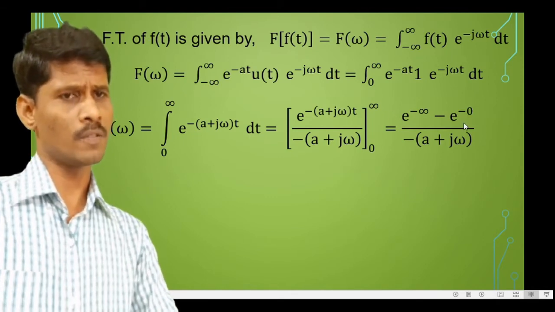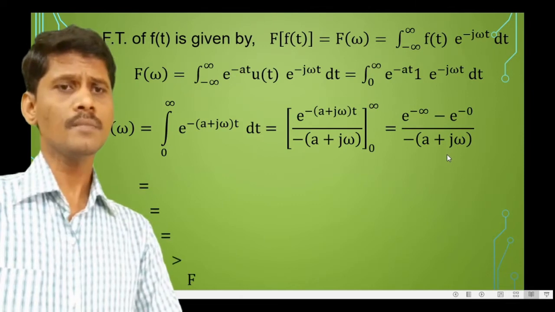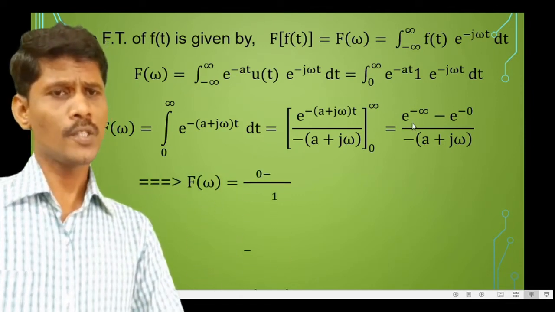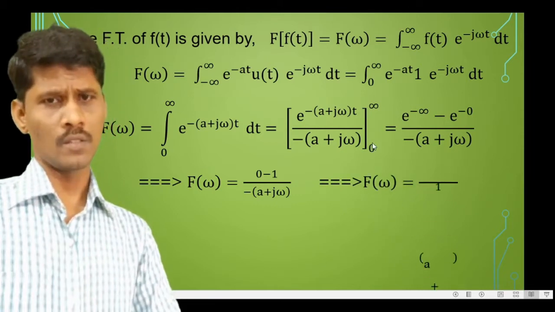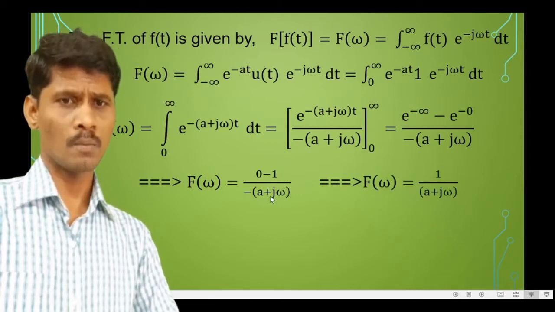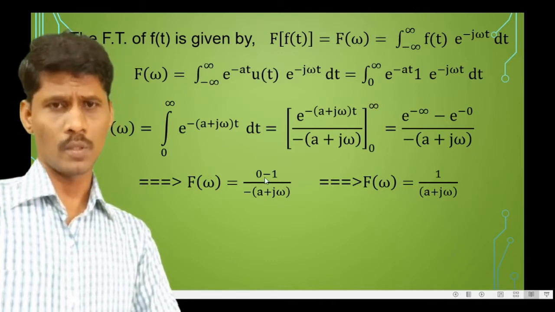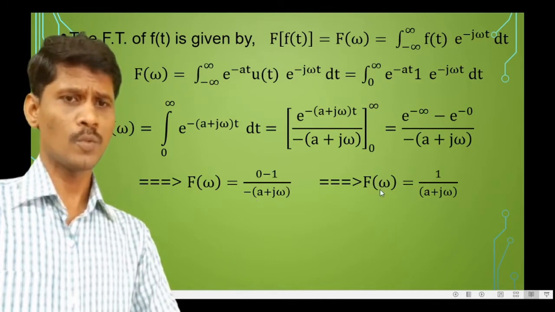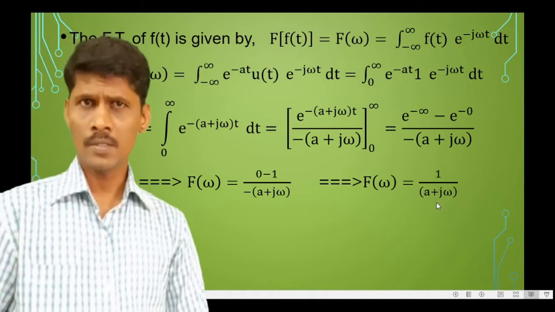E power minus infinity is 0, and e power minus 0 is 1. So that is 0 minus 1, divided by the denominator term, minus a plus j omega. The minus signs cancel. Therefore, F of omega is equal to 1 by a plus j omega.